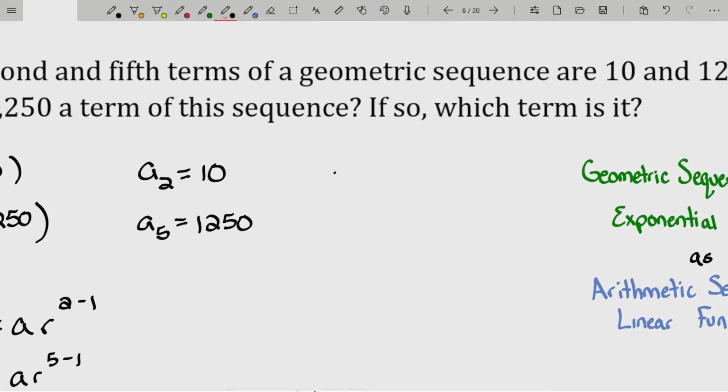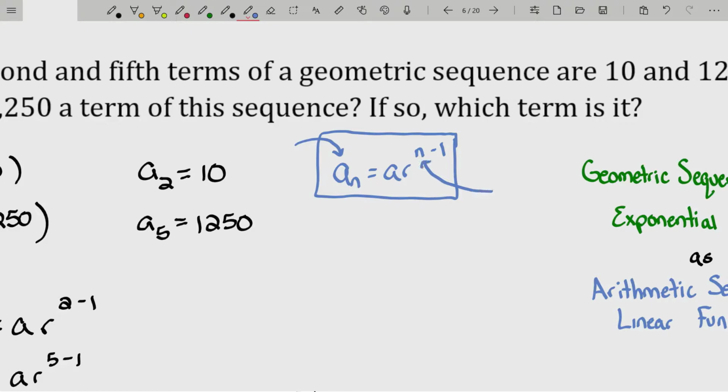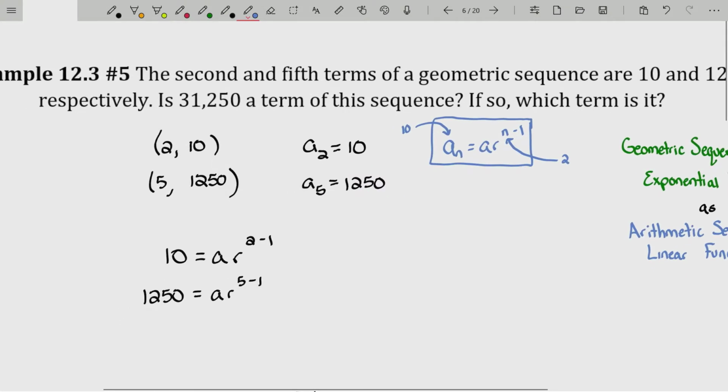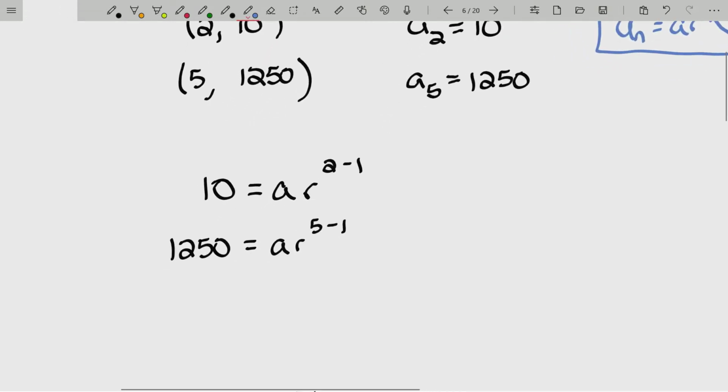All I did was just take the formula. Sorry about that. I took the general formula for a geometric sequence, this guy right here, and I plugged in 10 for my output here and 2 for my input. So that's all, and then I repeated that process with 5 and 1250. So that's all I'm doing.